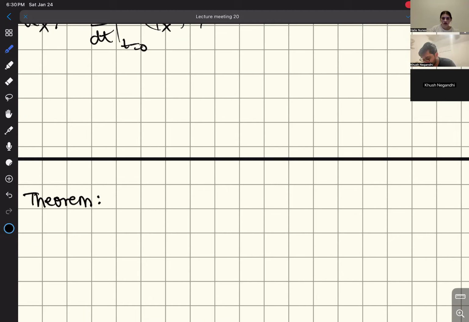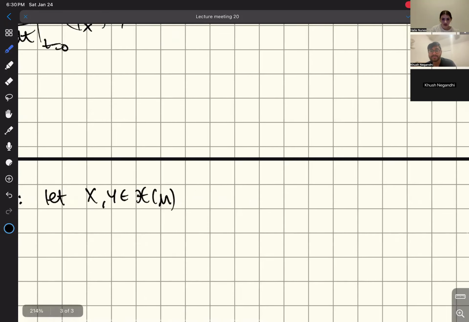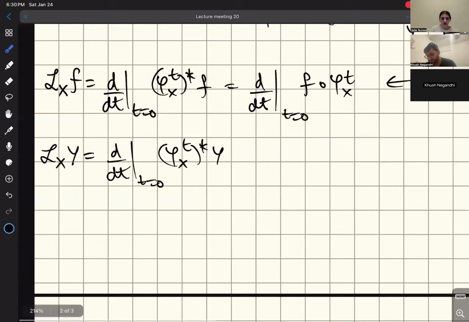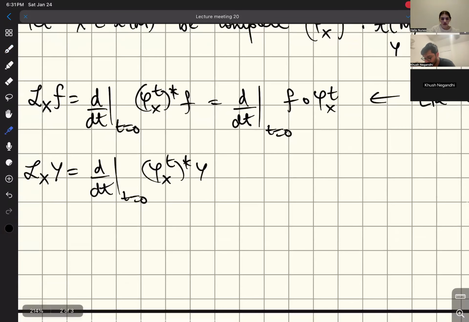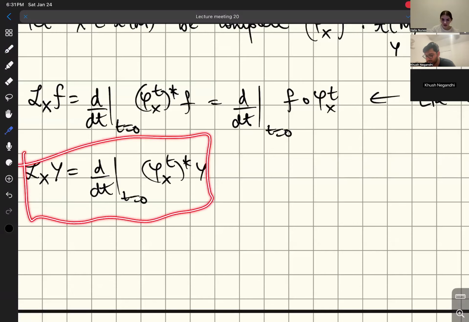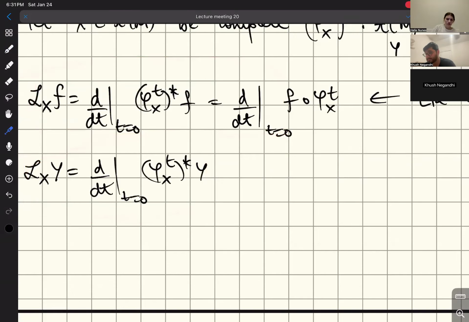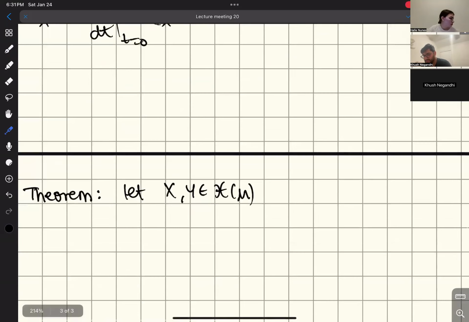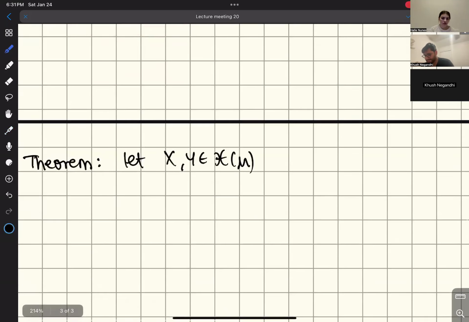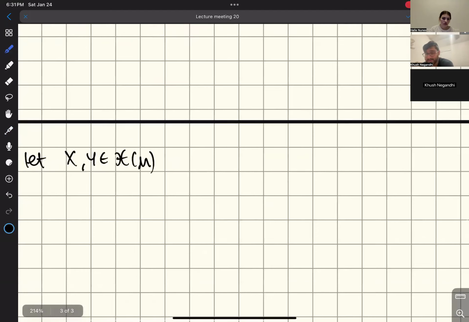Let X and Y be vector fields on M, not necessarily complete, because both of these definitions make sense even when X is not complete, because the flow exists for small enough time at every point, and that's all we really care about. Then the Lie derivative of Y with respect to X is just equal to the Lie bracket of X and Y.